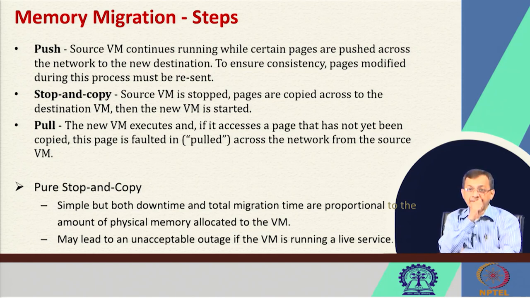If live services are running, then this outage may not be acceptable to the consumer or the user, so this needs to be taken care of. If live services are being provided, then this becomes a serious challenge.